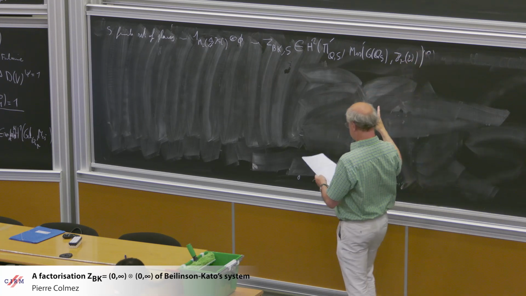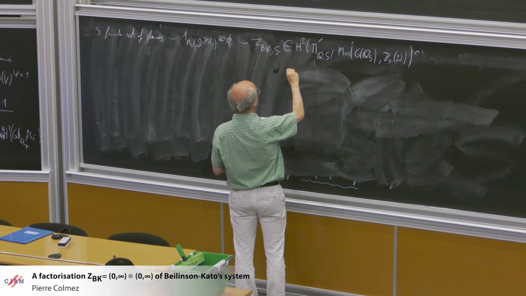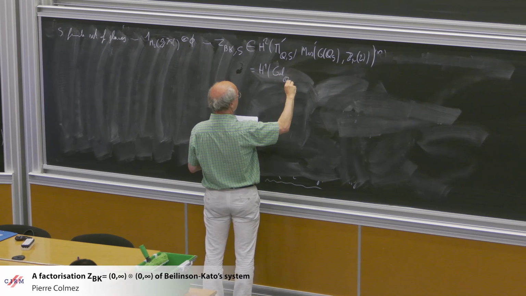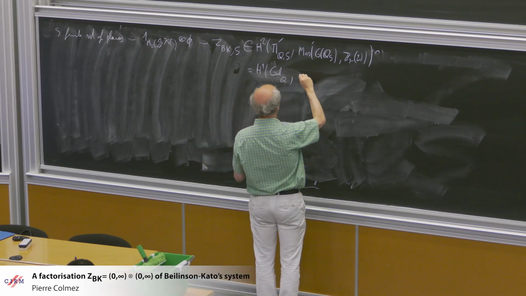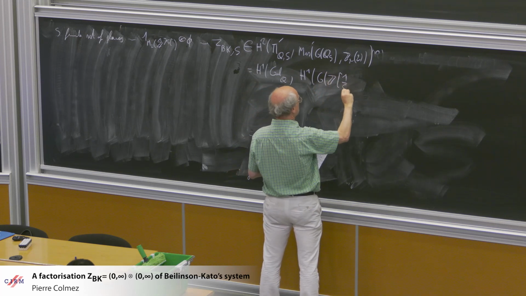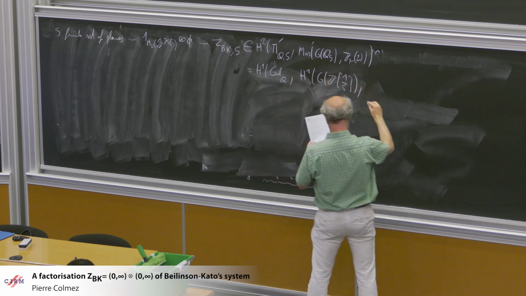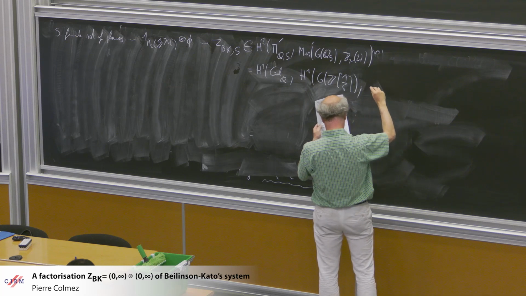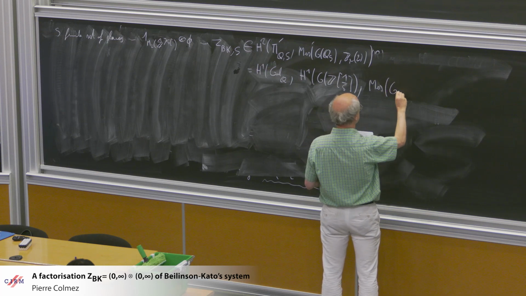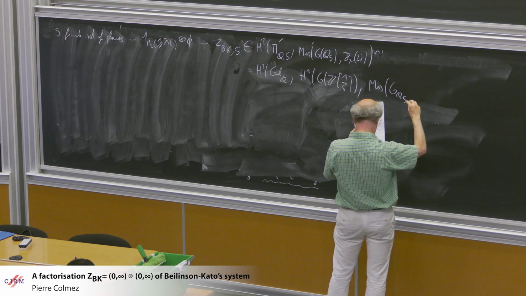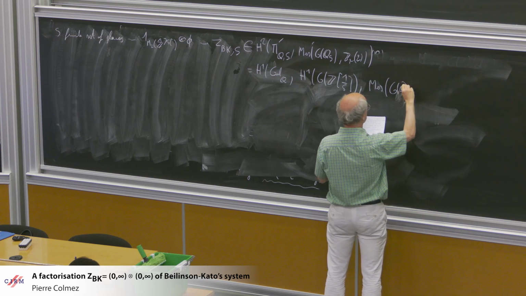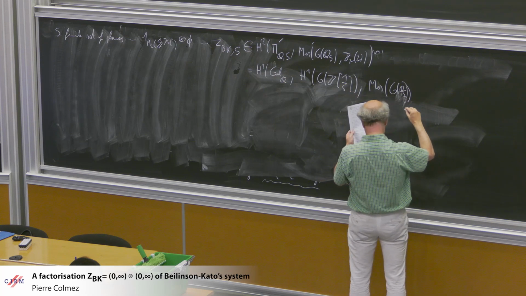And this by Hochschild-Serre is the same thing as H1 of Gal Q, H1 of G of Z 1 over S, and then the measures on G of QS, the measures on G of QS with values in ZP of 2.